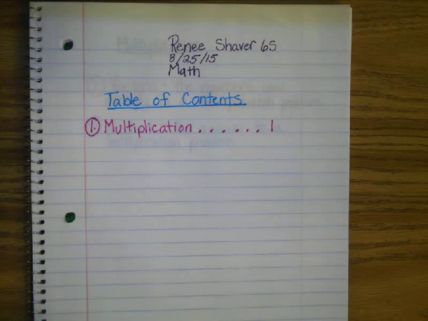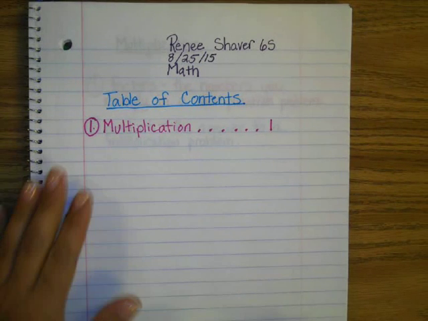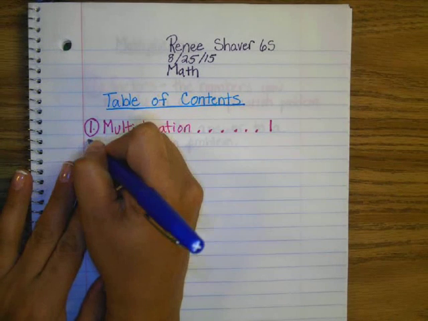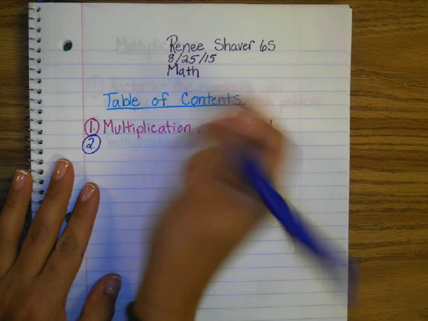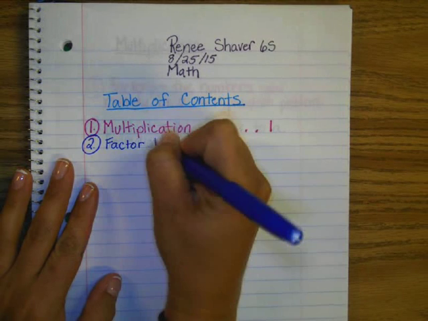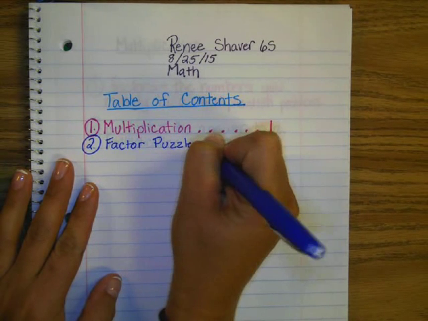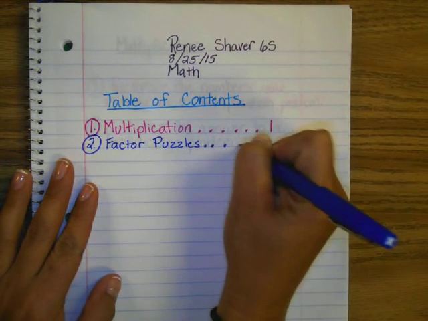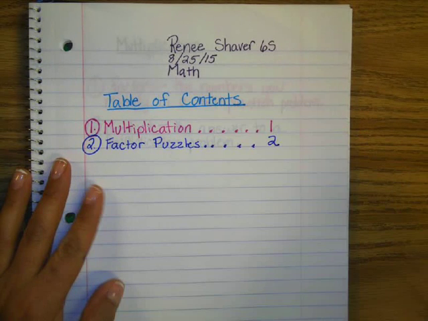Alright, so in your notes, on your table of contents, I want you to write number 2, factor puzzles. And that is actually page 2.